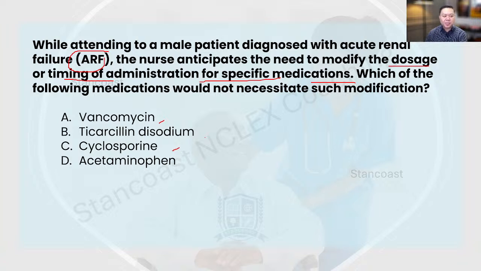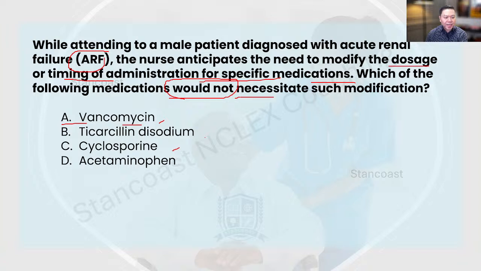All right, your time is up. So let's go through the options here. What is going on with letter A, vancomycin? Do you think that this would require some change in the dose? Let's go back to the question. Which of the following medications would not necessitate such modification?